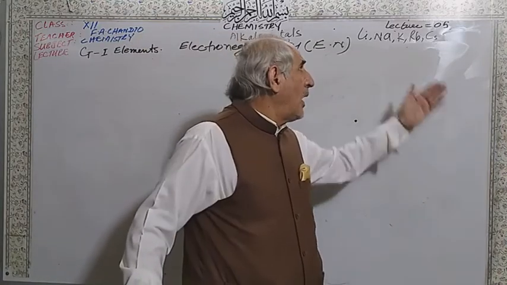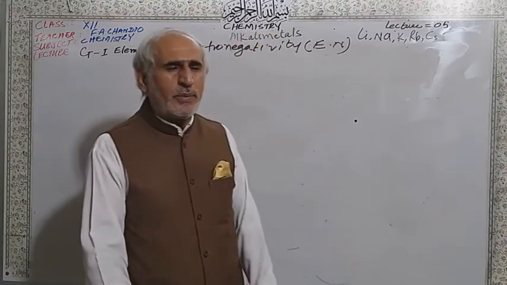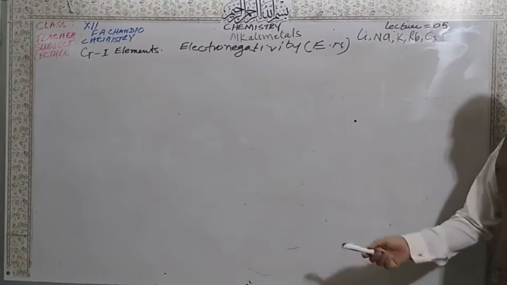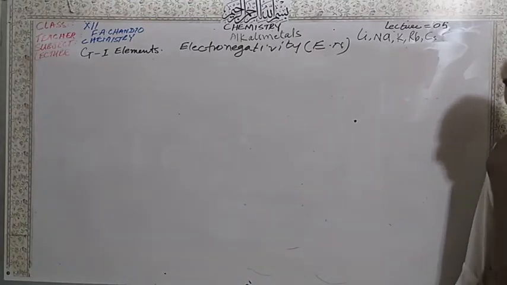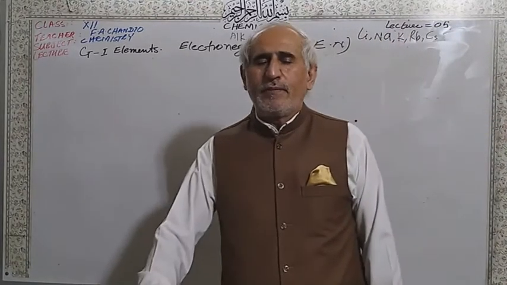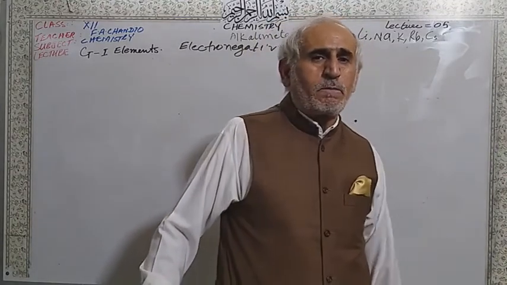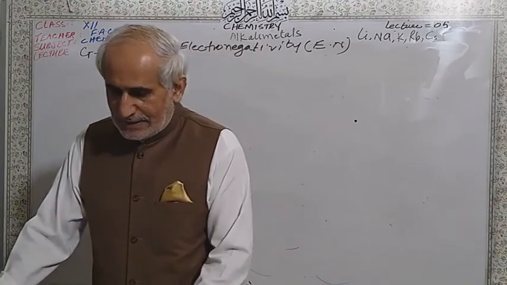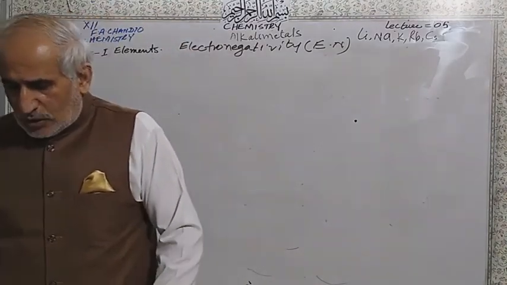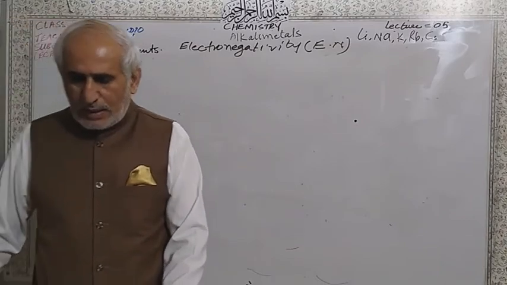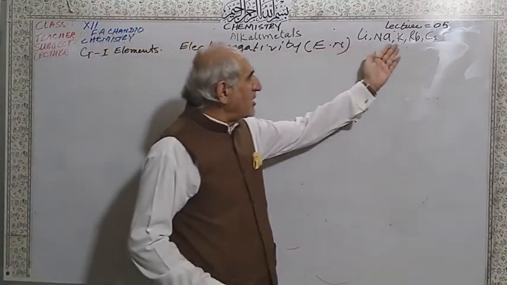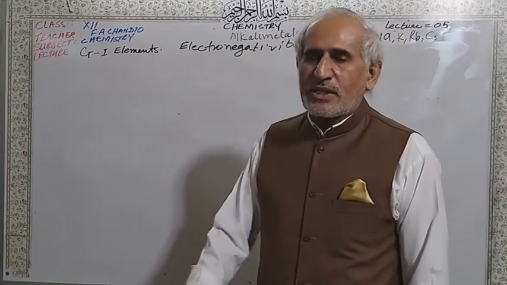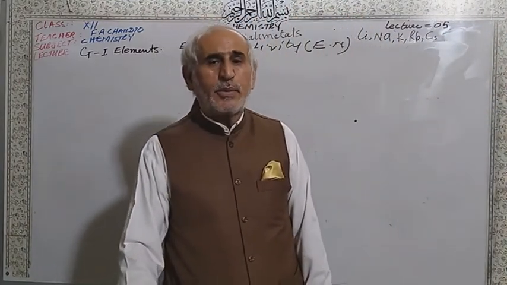So due to the nature of the structure, the electronegativity of potassium and rubidium is approximately equal. Energy of the atom is absorbed when we remove the electron. So electronegativity means the ability of an atom to attract shared electrons.